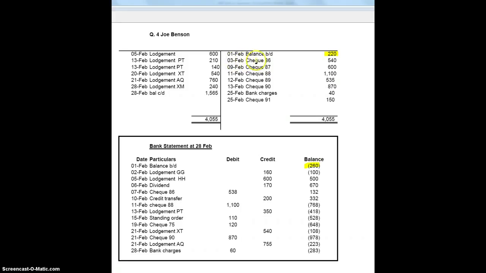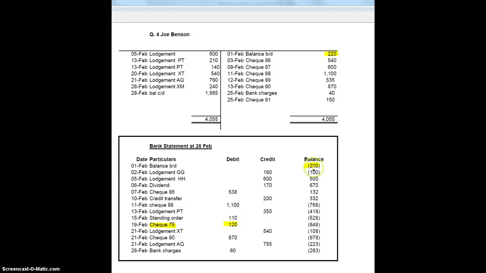In February, Joe Benson was using his checkbook, and he started on check 86 and then went on, in consecutive order. So any number we see in the bank statement before 86 we know is from a previous month, such as January or December. So we come down here: 86, 88, 75, 90. This check 75, this 120, is an example of a check from a prior period. So we take that away.